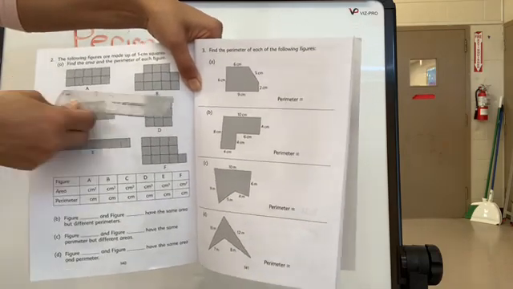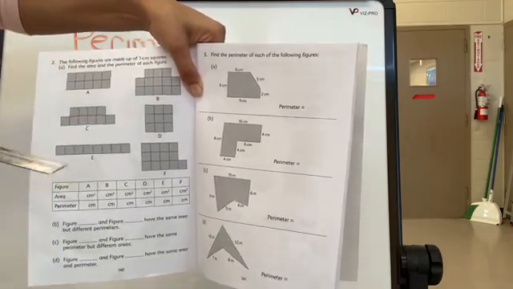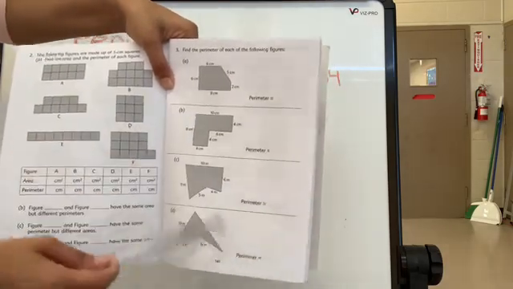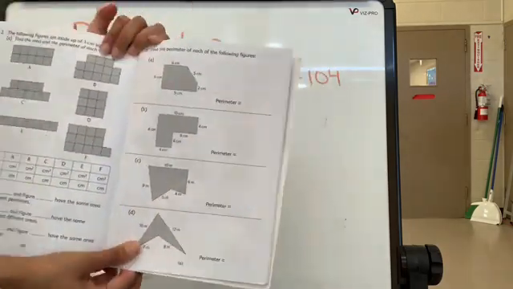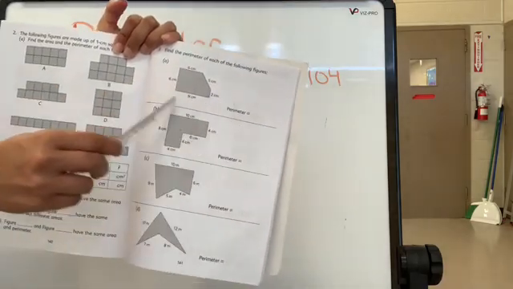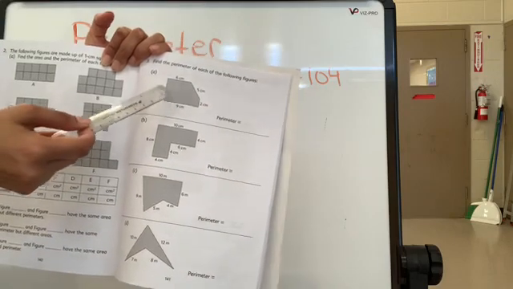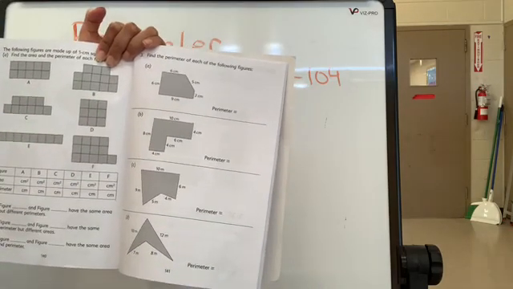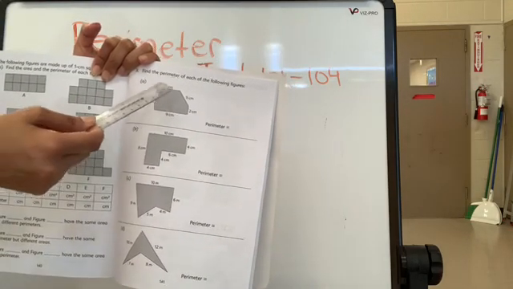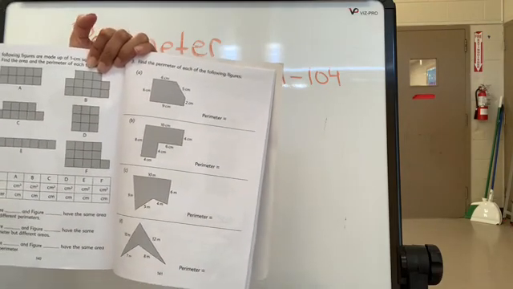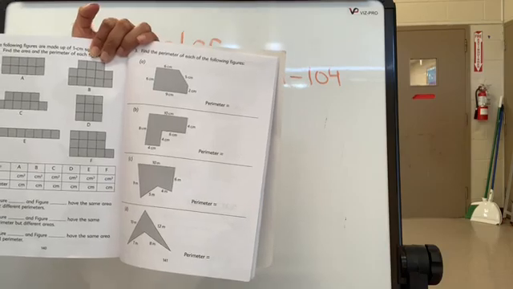I measured all my sides and I added them up. That's exactly what you need to do here to find the perimeter, because we are only finding the distance around the whole thing. And look, here they've done the job for you. They've given you the numbers, and all you need to do is you're going to add these numbers up, and that's going to give you your perimeter. Does that make sense?